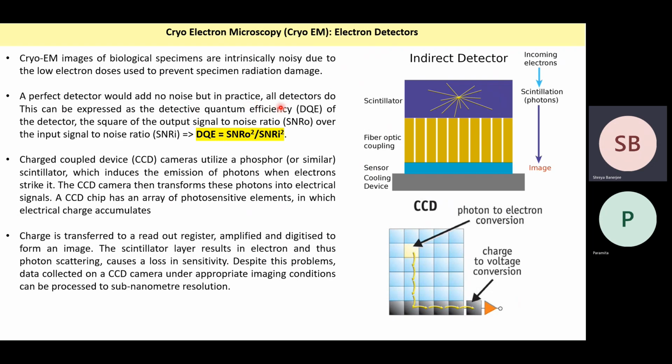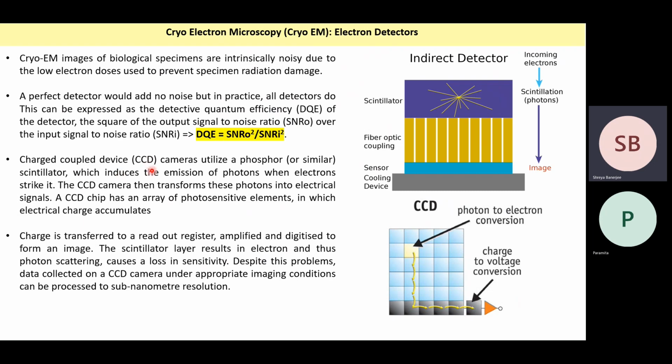But in practice, all detectors add some amount of noise. To express this, there is a term called detective quantum efficiency, or DQE, for each detector, which is the square of the output signal to noise ratio relative to the input signal to noise ratio.